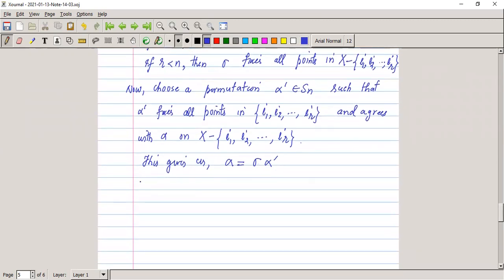Thus by induction hypothesis, alpha dash can be written as the product of disjoint cycles.